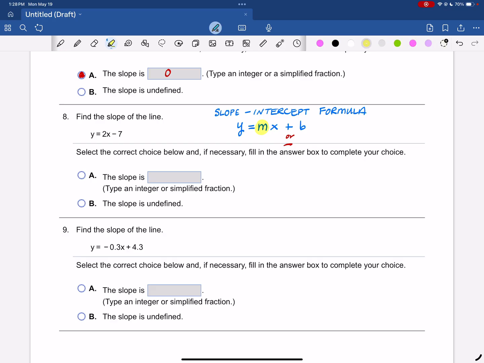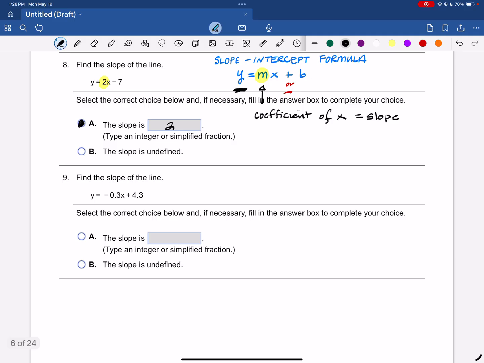So our slope here is a 2. So when the equation is solved for y, notice I have a y on this side all by itself. The slope is going to be the coefficient, that is the number in front of or multiplied times x. That's where our slope is, so it's very easy to find.